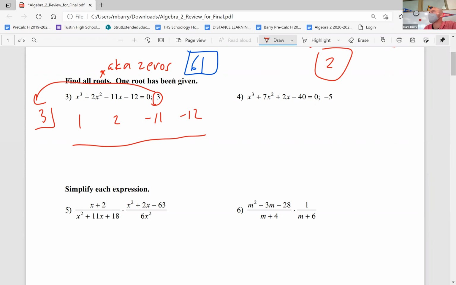Now, the thing that's a little bit different about this one is that when we do this one, our remainder should be 0 every time if they're telling us that that number is a root or a 0. Okay, so let's see if it works.